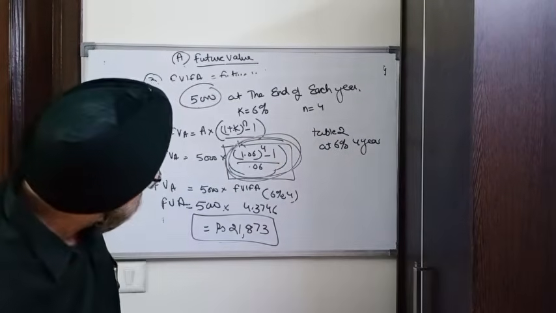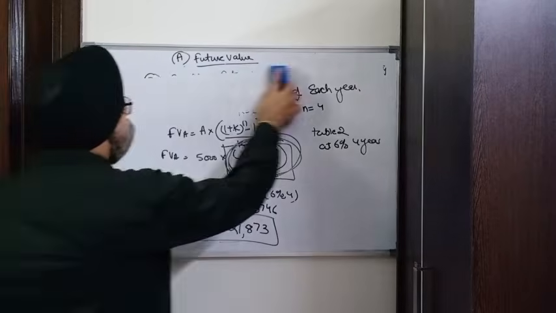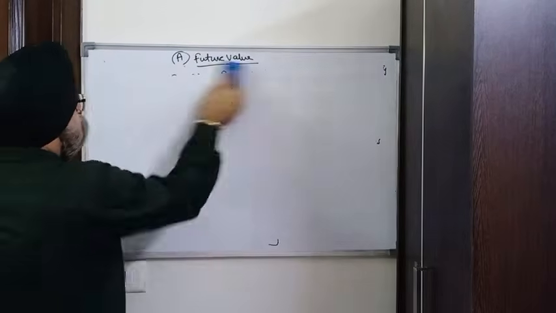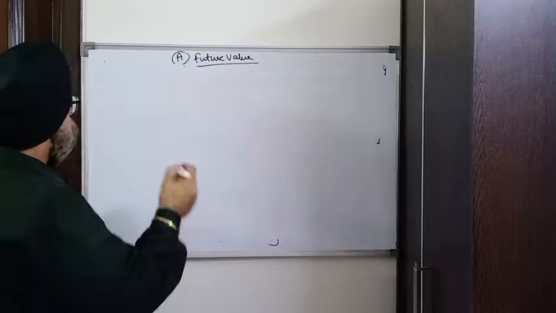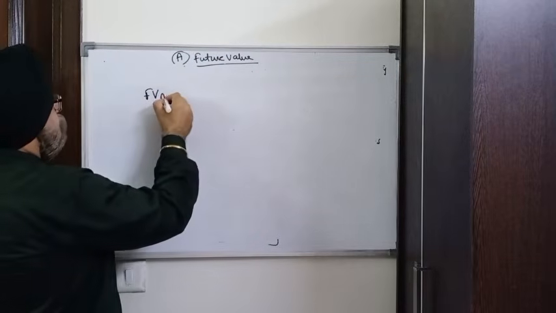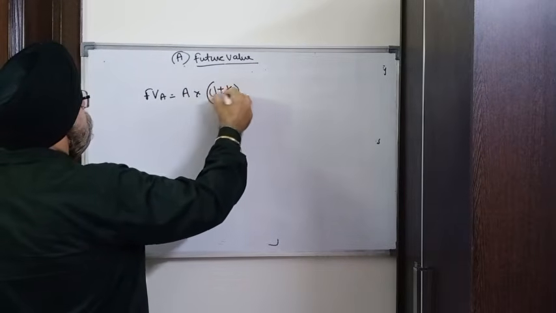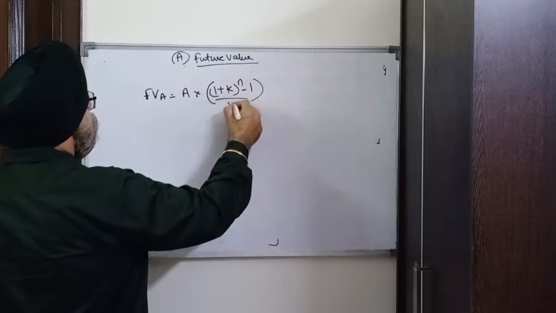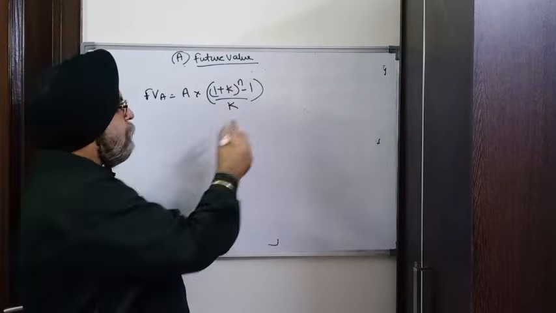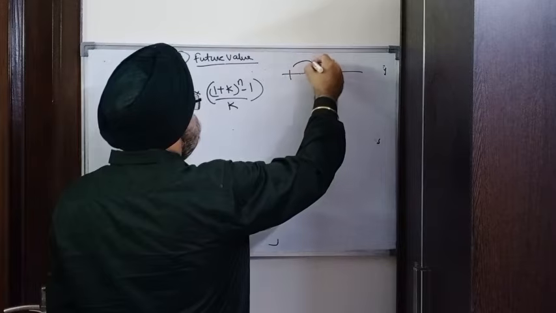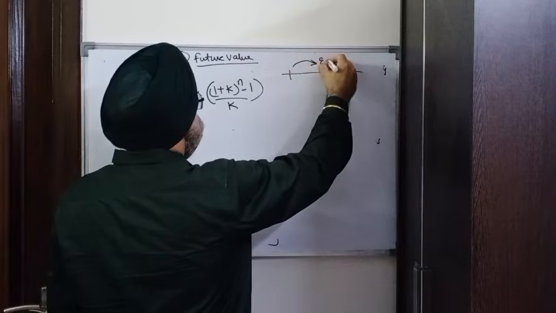And similarly, the last concept in future value: future value annuity is A into ((1 plus K) raised to power n minus 1) upon K. This is the case when we are receiving the amount at the end of the year.